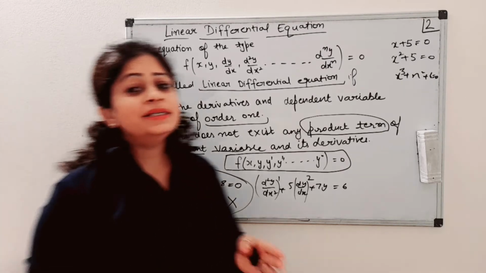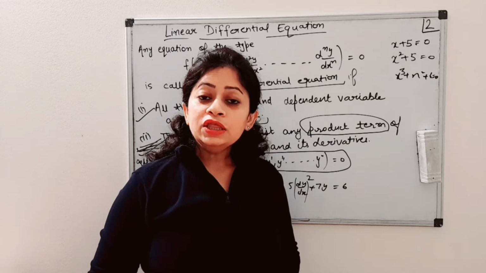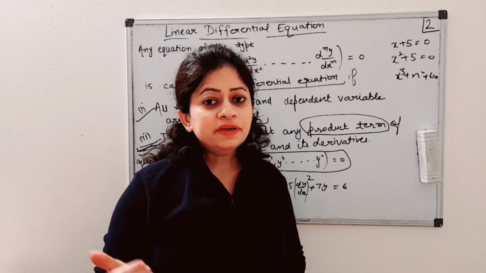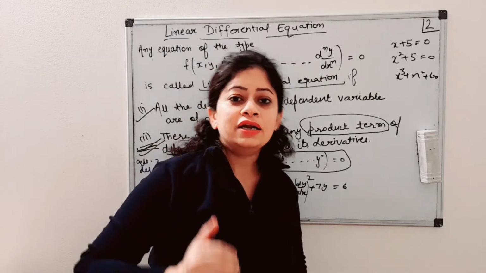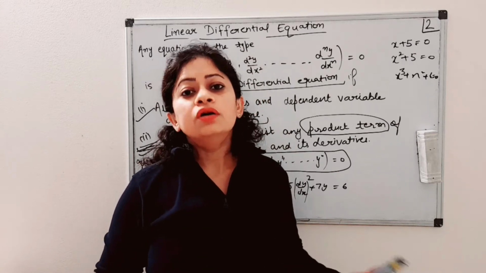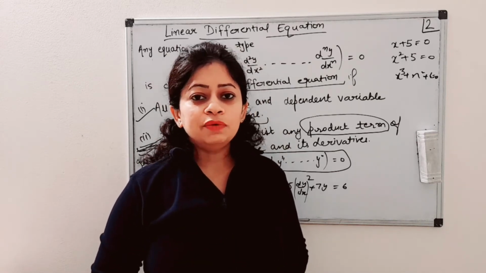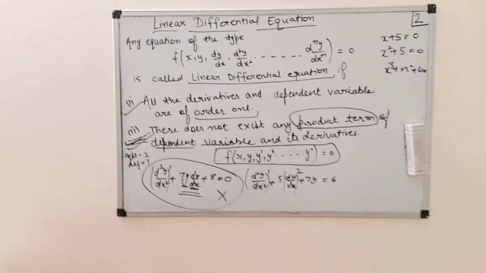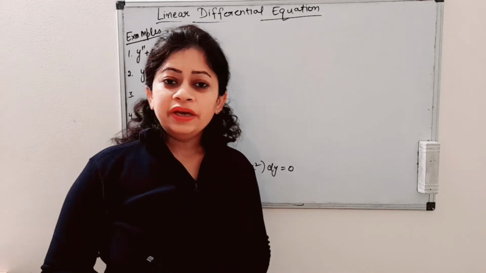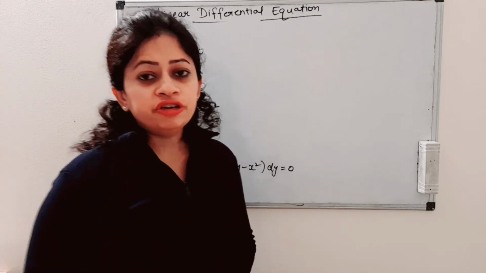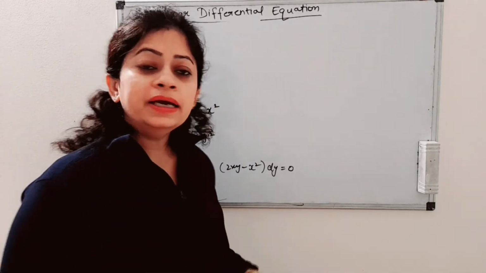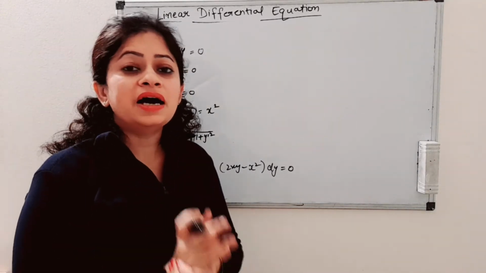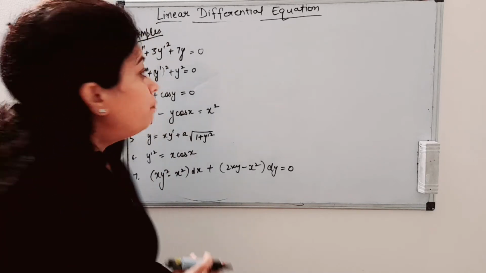Now we will see some examples. In those examples, we will check order, degree, and whether those are linear or non-linear. So let's come to the examples now.